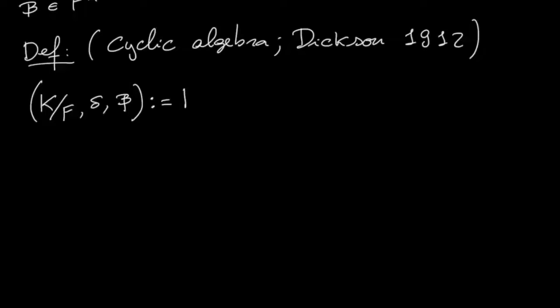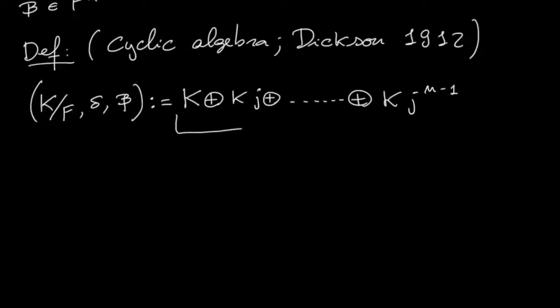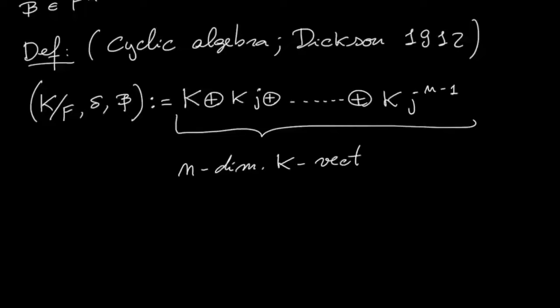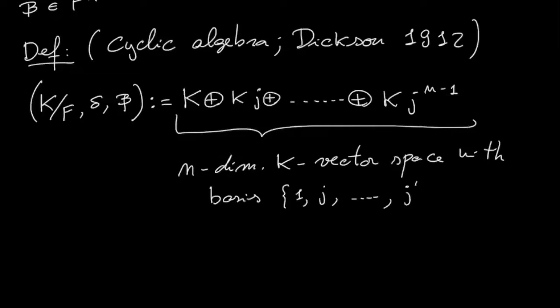Then you consider the following vector space: an n-dimensional K vector space with basis given by 1, j, etc., until j to the n minus 1, where j is a formal symbol.